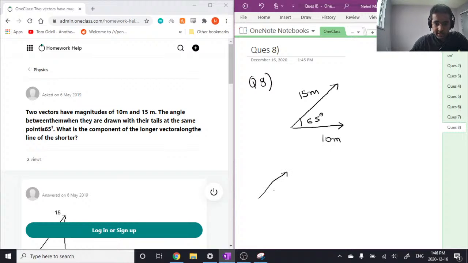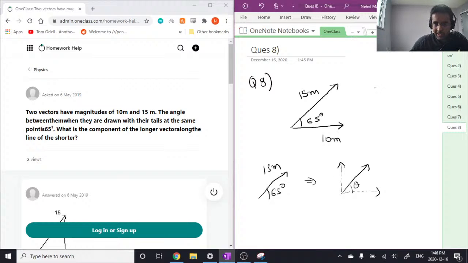So if we look at just the longer one, we can resolve this into two components, one in the y direction and one in the x direction. Since this angle is given, this component would be the cos component and this is the sine component.